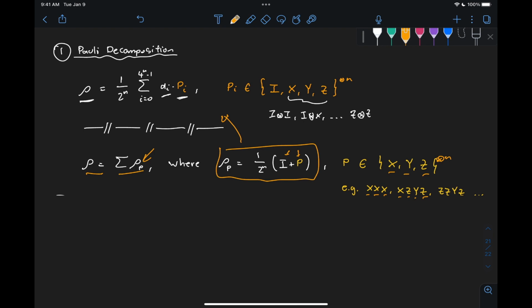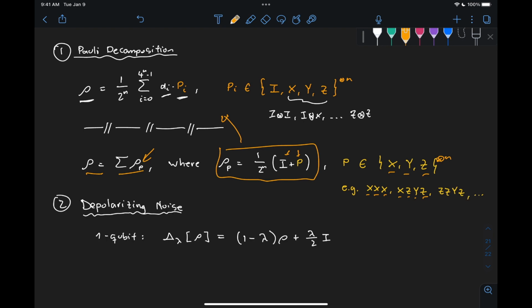The next important concept we need to know is that of depolarization noise. So in the case of a 1 qubit system, we express depolarizing noise in the following form. So we have some coefficient lambda, and with probability lambda, our density matrix rho turns into an identity matrix. So if lambda is, for example, 0, then in that particular case, we just have our original density matrix, so no noise.